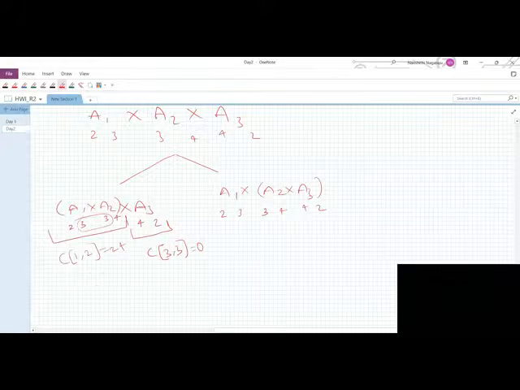And after solving this one, we will get a resulting matrix, and the resultant matrix size will be 2 comma 4. And we need to solve this one with A3. A3 size is 4 comma 2.